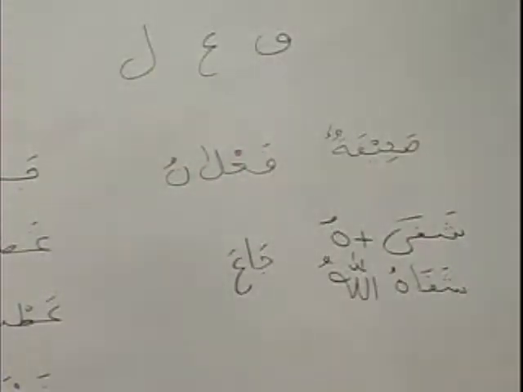Is it normal that maf'ulun bihi can come before the fa'il? Whenever maf'ulun bihi comes in the form of a damir muttasil, what did I say? Damir muttasil, it will come with the verb. You know, yesterday we did it. Inshallah, you follow, brothers and sisters?